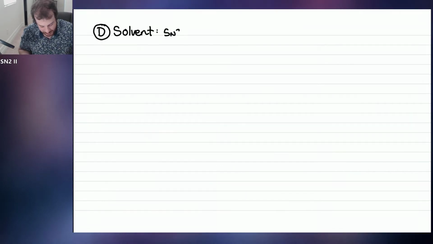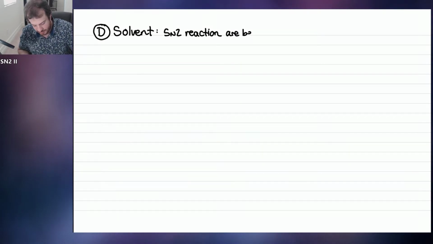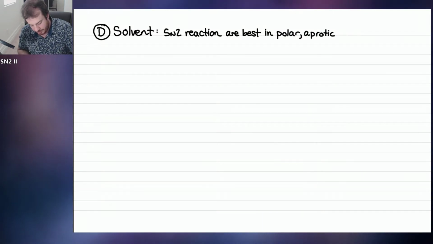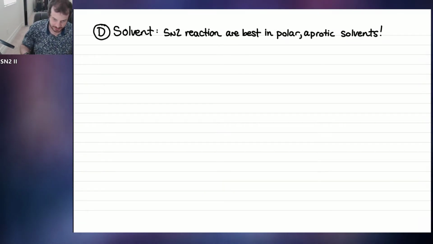So Sn2 reactions, I'll just give you the punchline now, are best in polar aprotic solvents. That's the punchline.